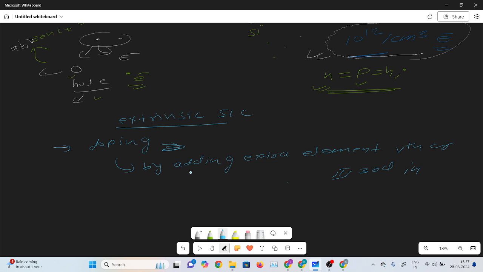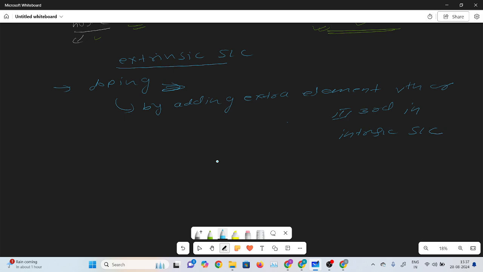This is the meaning of doping. The meaning of doping is simple: by adding an extra element, either a fifth group element or a third group element, to the intrinsic semiconductor.